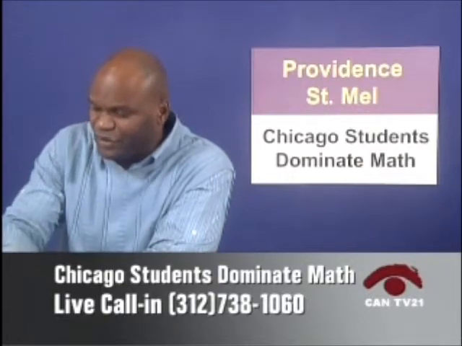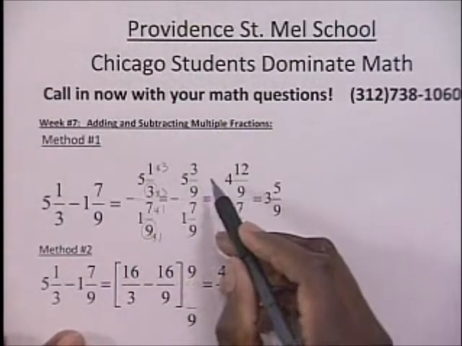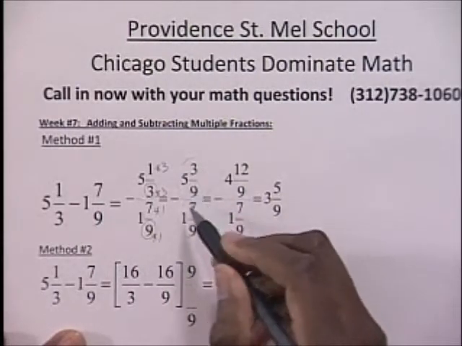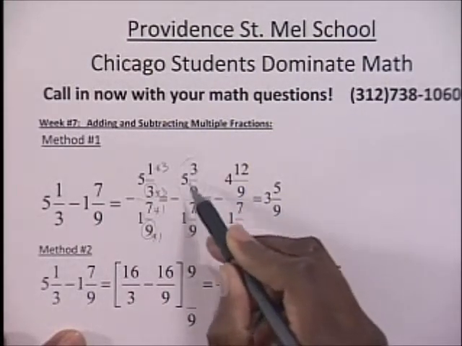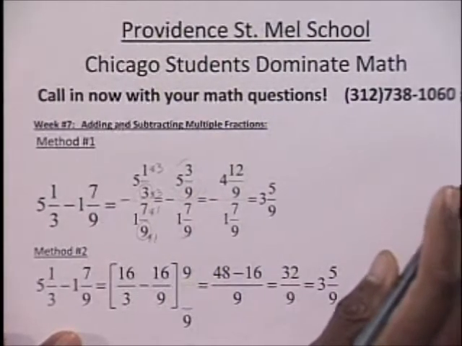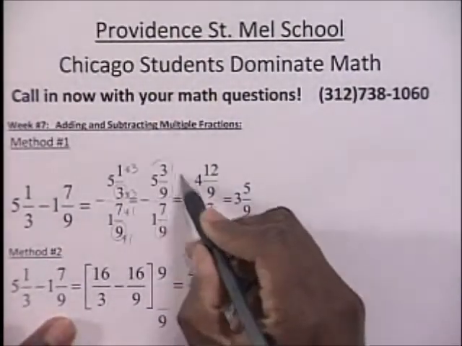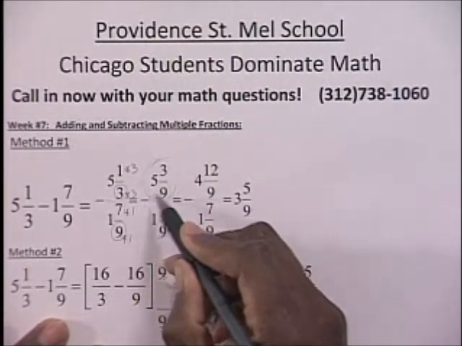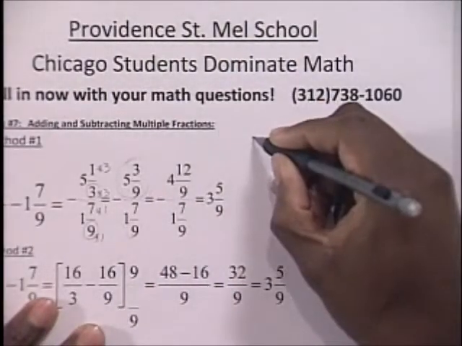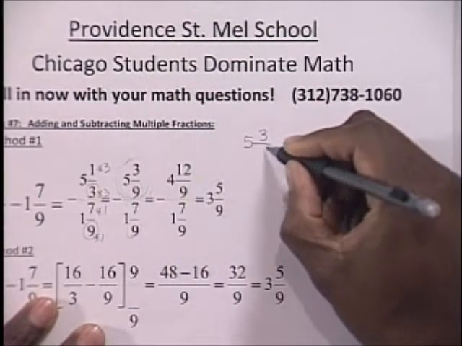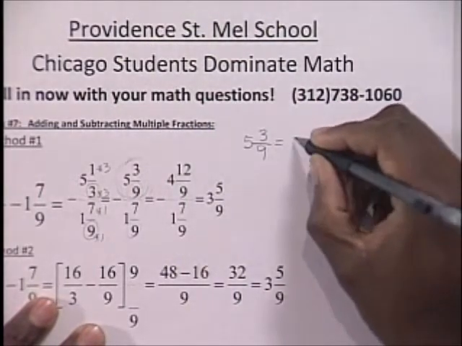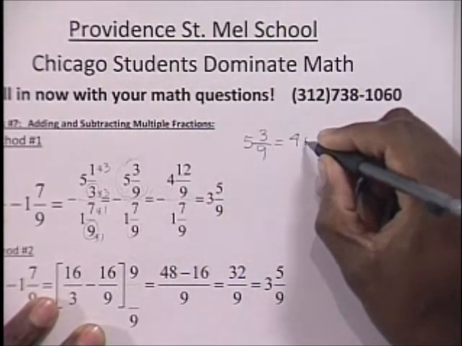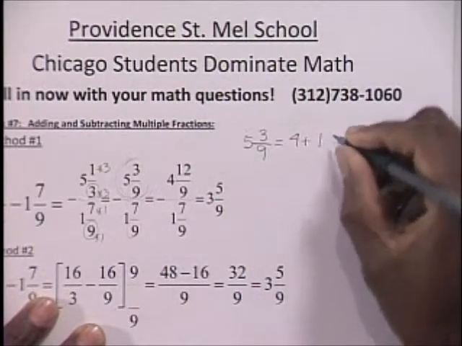So you have to have another way of writing 5 3/9. And this is where sometimes students have issues writing 5 3/9 in a different way. Let's do that over here. The number 5 can be written as 4 plus 1. 4 plus 1 is 5.